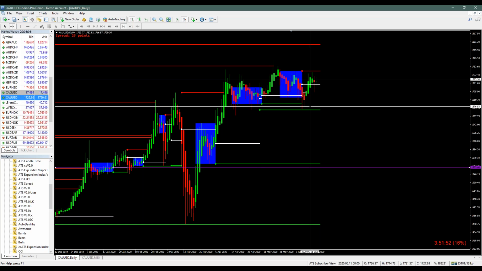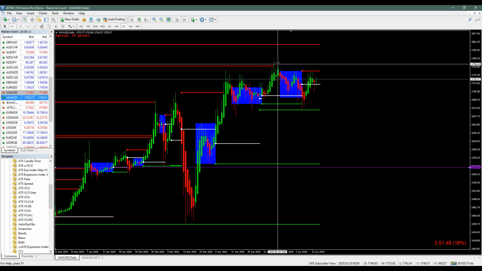In this case, we did do the swing high and then the swing low, but in between that, we formed a new contraction zone. We almost had criteria here, but of course we never broke through this high. So at this point, it seems to me that we're still working off of this.